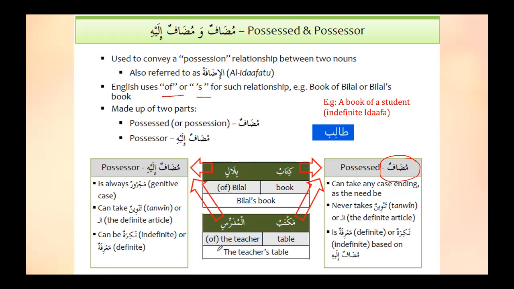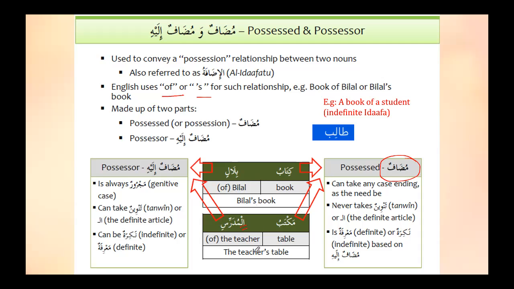So table of the teacher. Again, notice it has a dhamma, and this has a kasra in the second term. So the second term is called mudafun ilayhi. It is majroor. In this case, it has an al to make it definite. We're talking about the table of the teacher, specific table of the teacher.